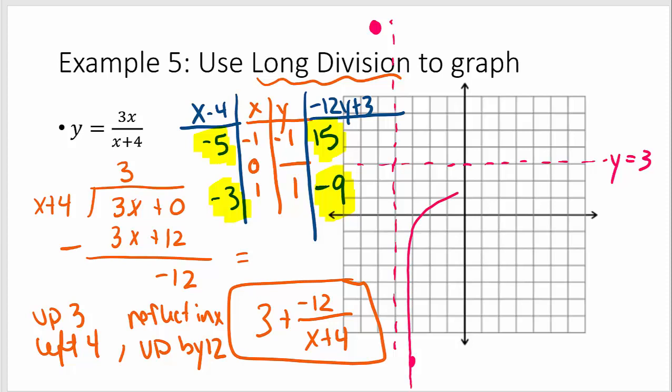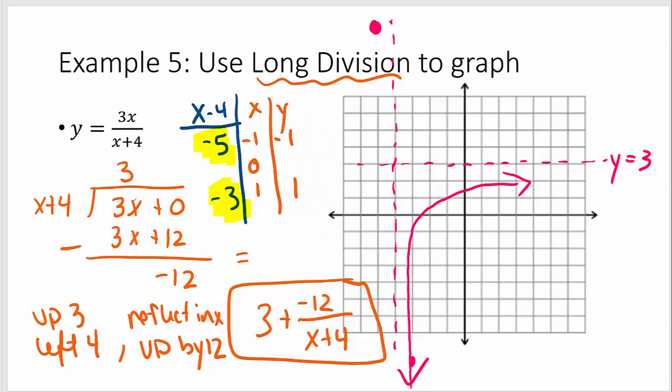So the graph is going to be in the bottom right. And if I erase this a little bit, it will also be in the top left. So my domain, x cannot equal negative 4, and my range, y cannot equal positive 3.